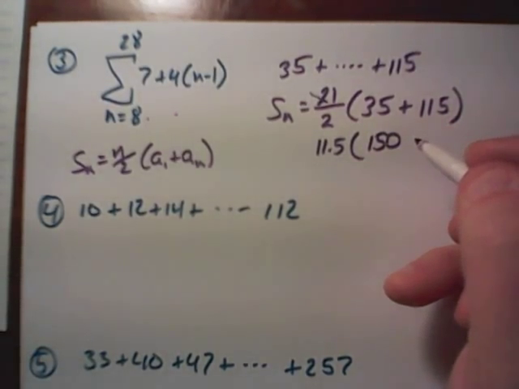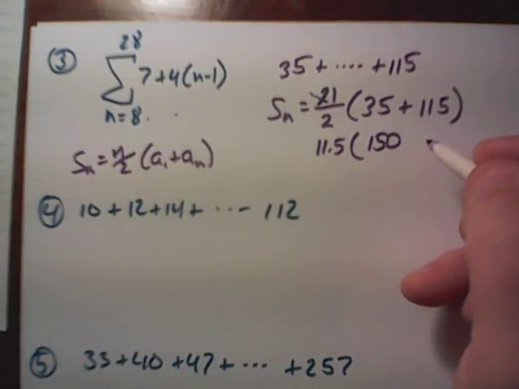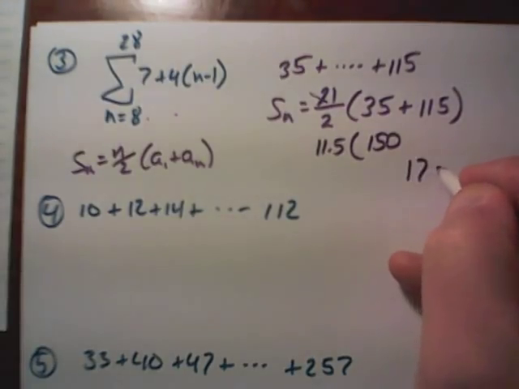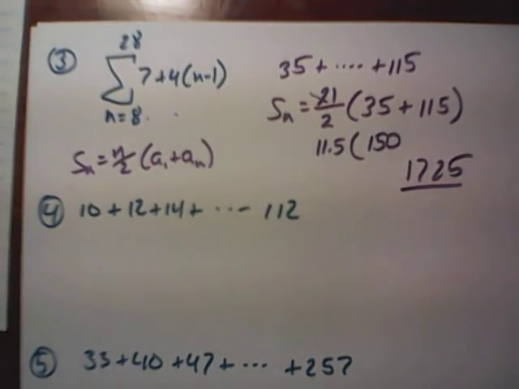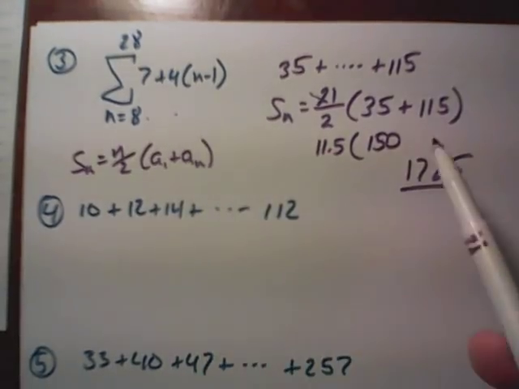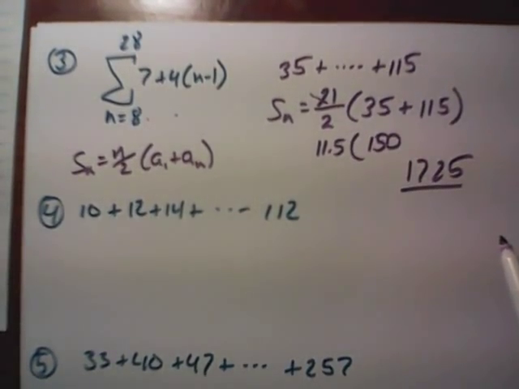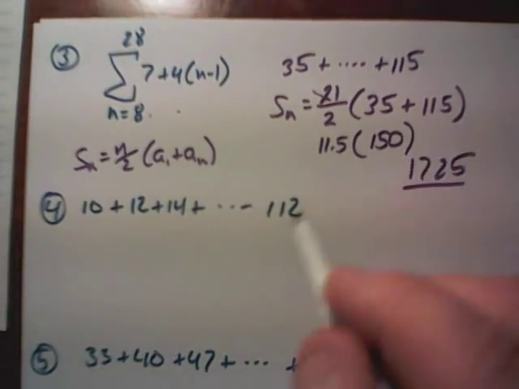And 10.5 times 150, I'm going to have to use my calculator here real quick. I should really do these things ahead of time. 10.5 times 150 is equal to 1,575. And so that would be the sum of those 21 terms in that sequence.